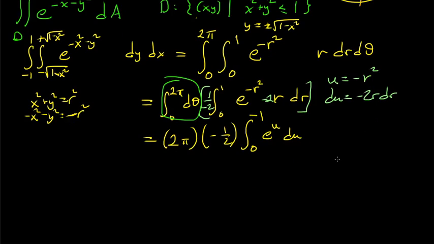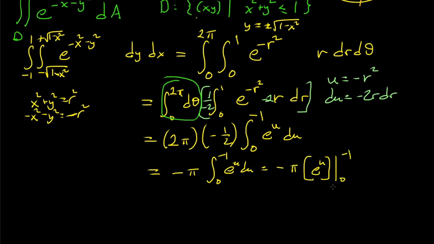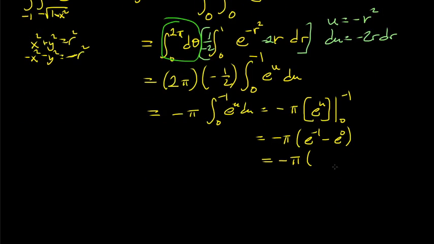So this is going to be interesting. We're just going to get negative pi times the integral from 0 to negative 1 of e to the u du. So that's just e to the u evaluated between 0 and negative 1. So e to the negative 1 minus e to the 0 is going to be negative pi times 1 over e minus 1.